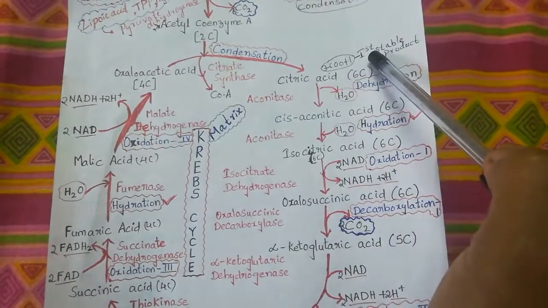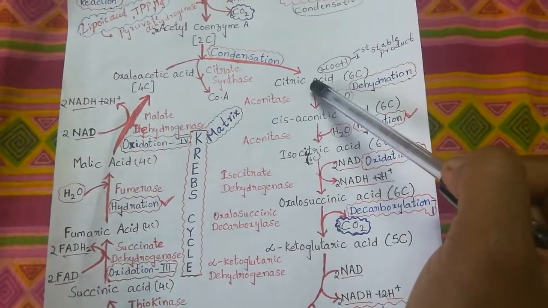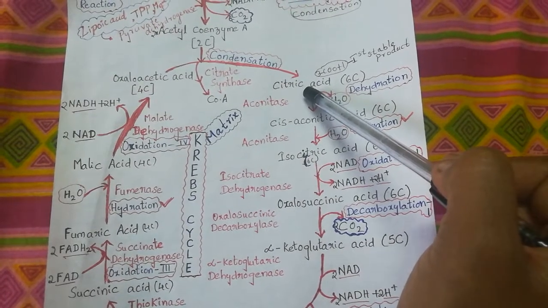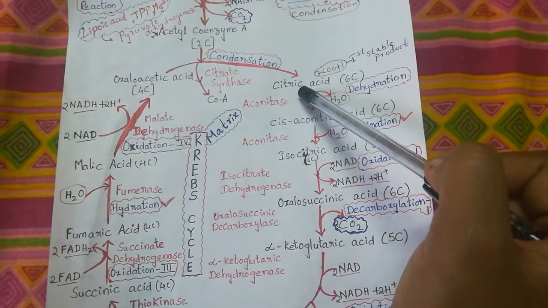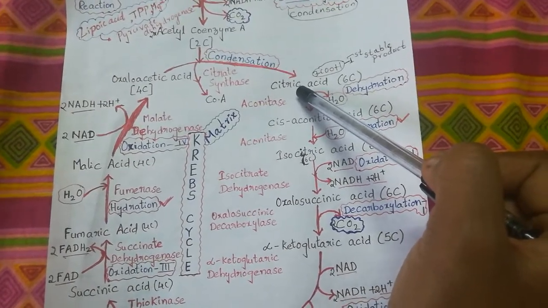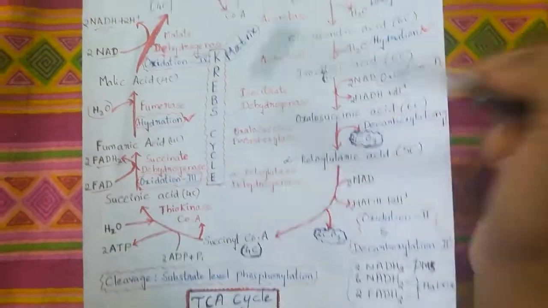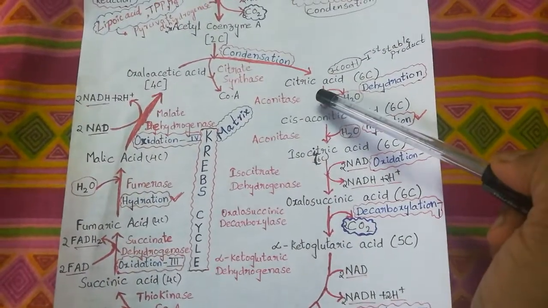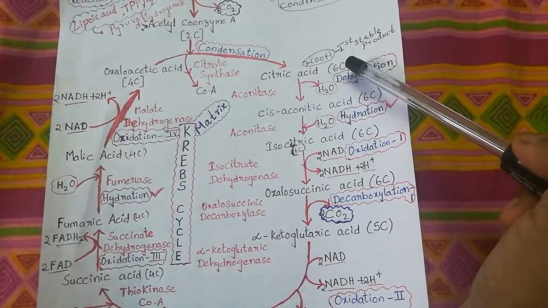This first stable product, citric acid, has 3 carboxylic groups in its structure, so it is also called the TCA cycle, that is tricarboxylic acid cycle, as it has 3 carboxylic groups.